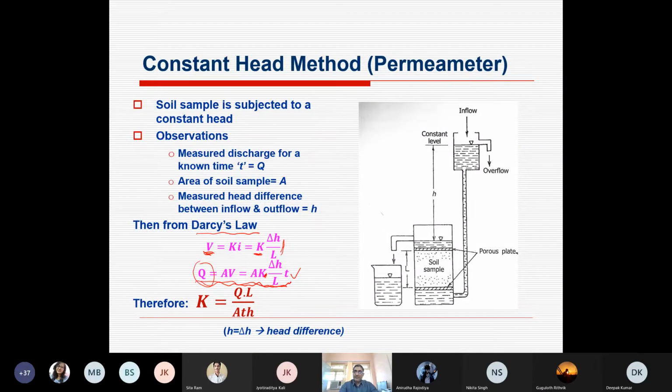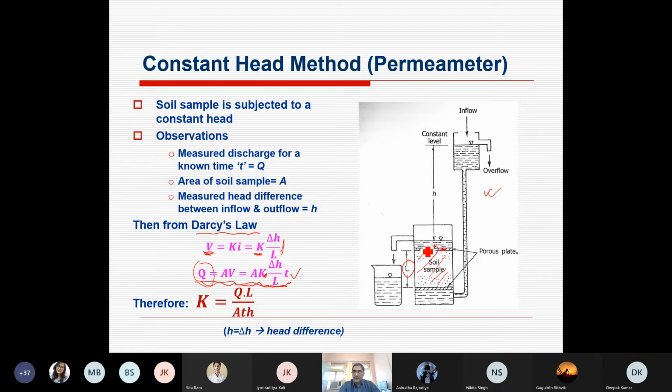If you recall, in this method I told in the class, we maintain a constant head on a soil sample of length L, say height or depth. This is the face from where water is coming out. It is arranged in such a way that water is coming from below and going out from this face.